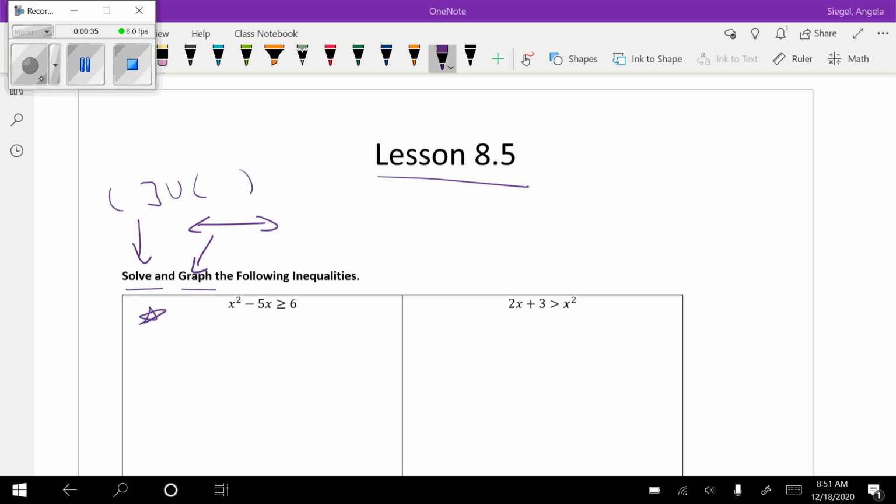So the first thing that you're going to do is set these so they're less than or greater than 0. So we're going to move that 6 over, and then we will factor if we can. So this one we can factor.